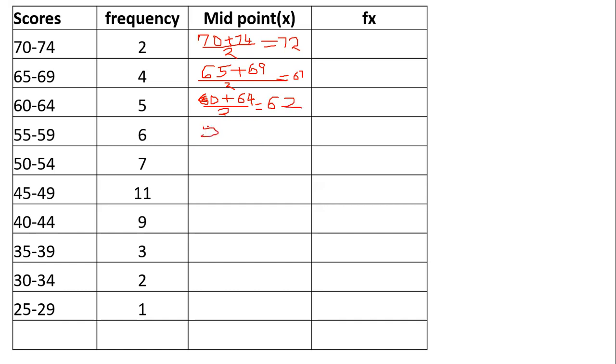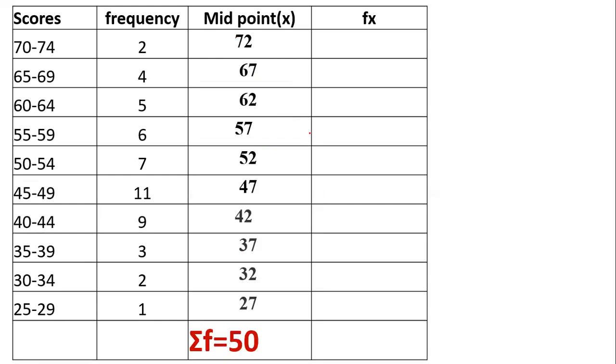Then 55 plus 59, and you divide by 2, you will get 57. You do that up to the end, and these are the results you are able to get. Forget about this, it's a mistake here. It's not supposed to be here, it's supposed to be here.